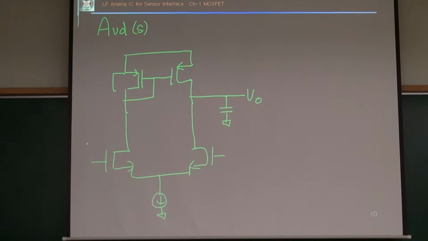For this case, we are considering the differential mode signal only.